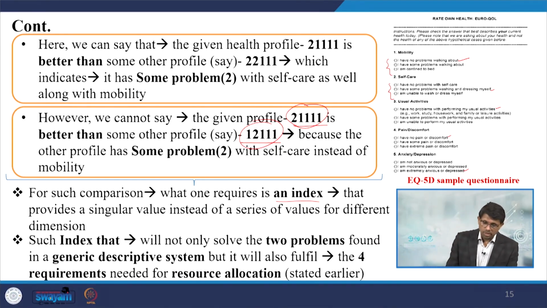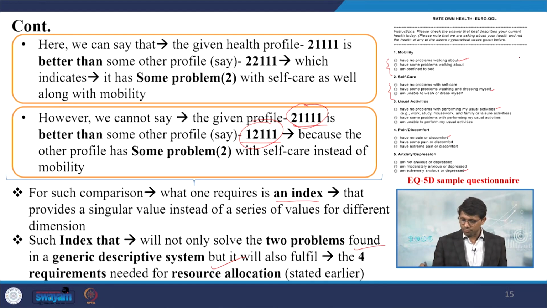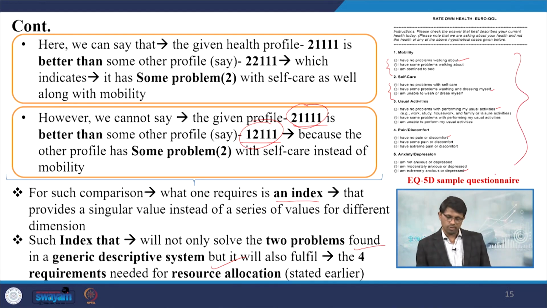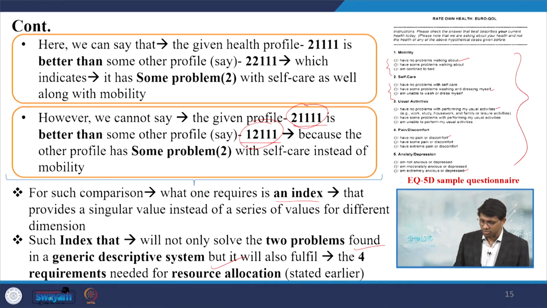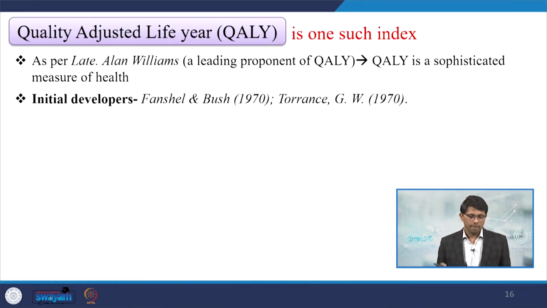Such an index will not only solve the 2 problems found in a generic descriptive system, but will also fulfill 4 requirements needed for resource allocation, which we already mentioned. So, the sample of that EQ5D is presented here. You can also go through the website which was suggested for reference, otherwise you just search in Google, you will find these details.